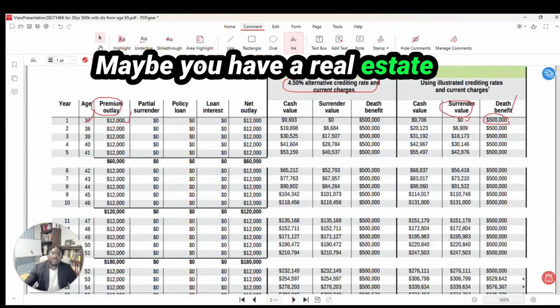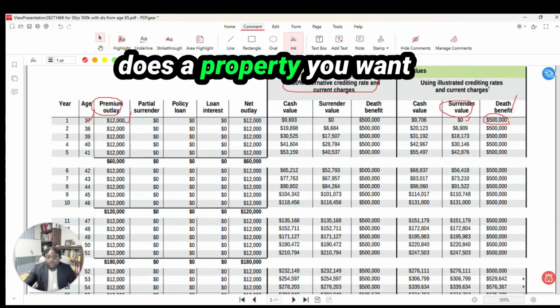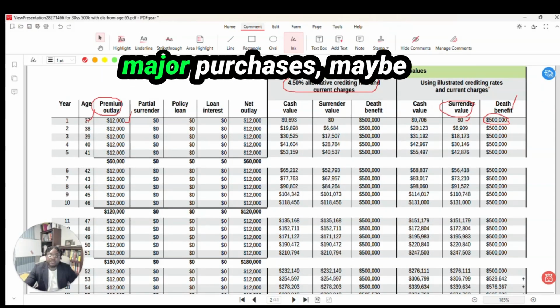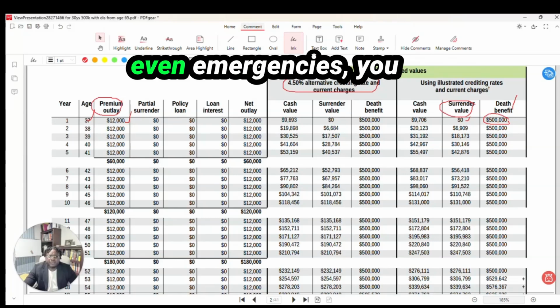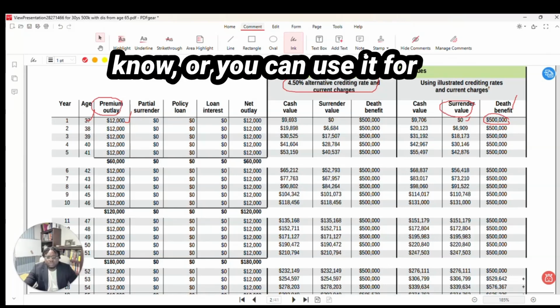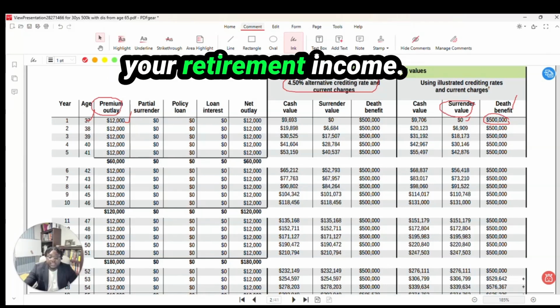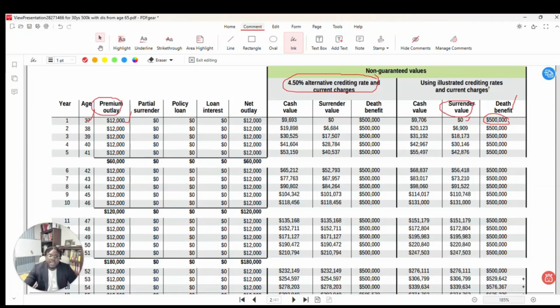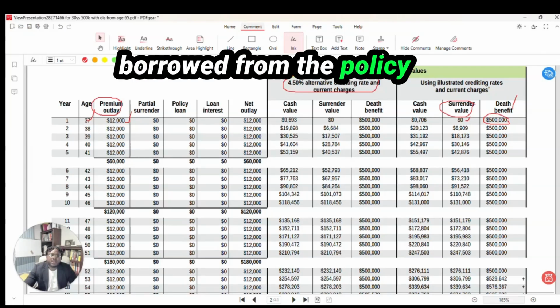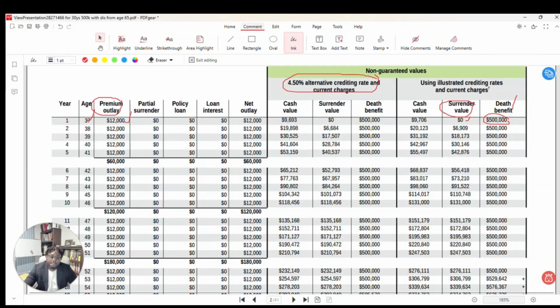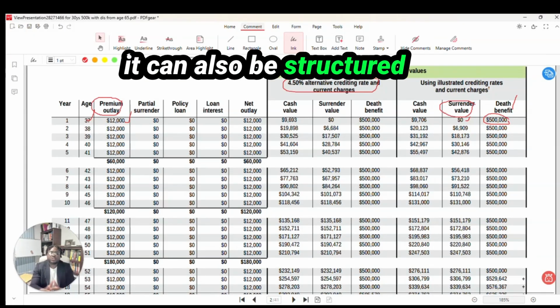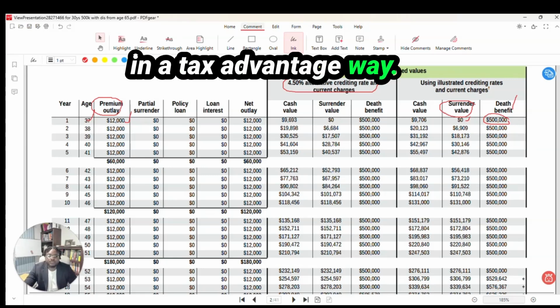Maybe you have a real estate opportunity that came up. There's a property you want to buy, or any major purchases, maybe even emergencies, or you can use it for your retirement income. And because the money is borrowed from the policy rather than withdrawn, it can also be structured in a tax advantage way.